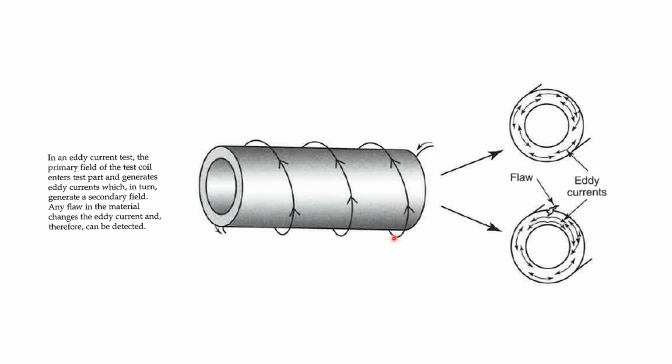And it's going to create the secondary field, which is just going to appear because the test coil generated the first field, that's going to generate the second field, yeah? So any flaw in the material is going to change the current, and you will be detecting it through that instrument coil, yeah?